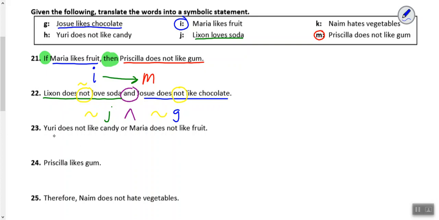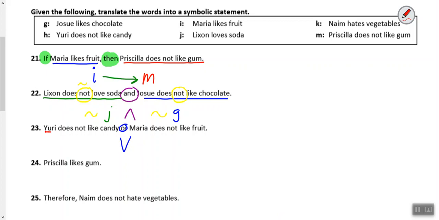Okay, so 23, Yuri does not like candy, or Maria does not like fruit. Okay, so let me get rid of some of this up here. So I do see the word or, and or is my upside down arrow.